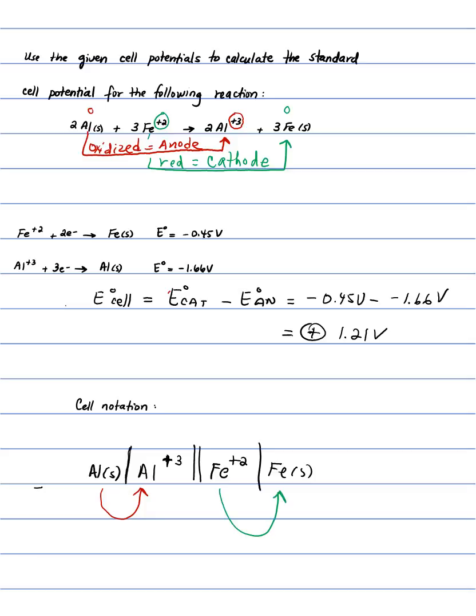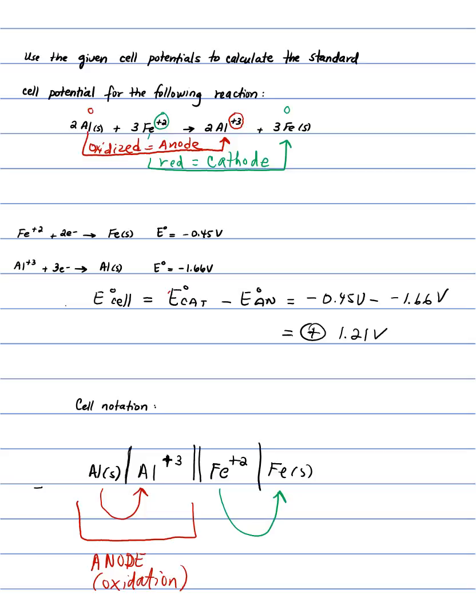so the cell notation is showing you, okay, aluminum solid is being oxidized to form aluminum plus 3, and that's what I have in my anode, where the oxidation is happening. Always oxidation first in your cell notation.